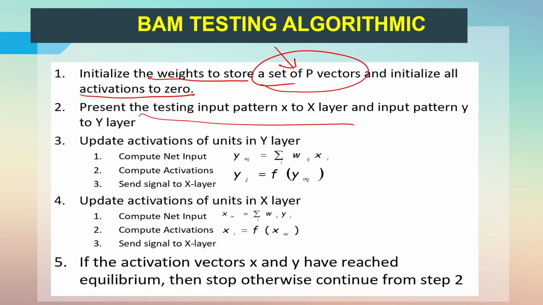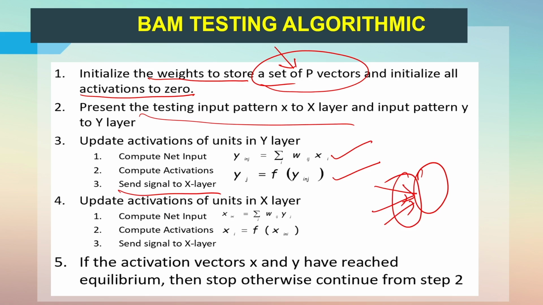Now you have to update the activation units both in the Y layer and in the X layer. First you calculate the net input, compute the activation, and send the signal to the X layer. In the Y node, more inputs are flowing in, so you have to calculate the net input, which is nothing but the sum of the product of the weight values wij with the input xi.